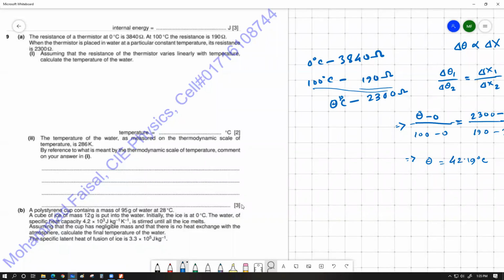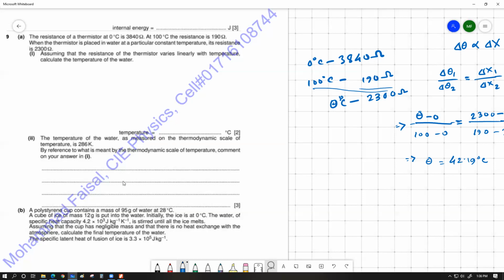Within your answer you have to define the thermodynamic scale of temperature, or Kelvin temperature scale, appropriately, and then make some comments on this calculation. Somehow you have to use your definition to explain the thermodynamic scale, and use that definition to make a comment about the process that you did right over here. So how could this work?